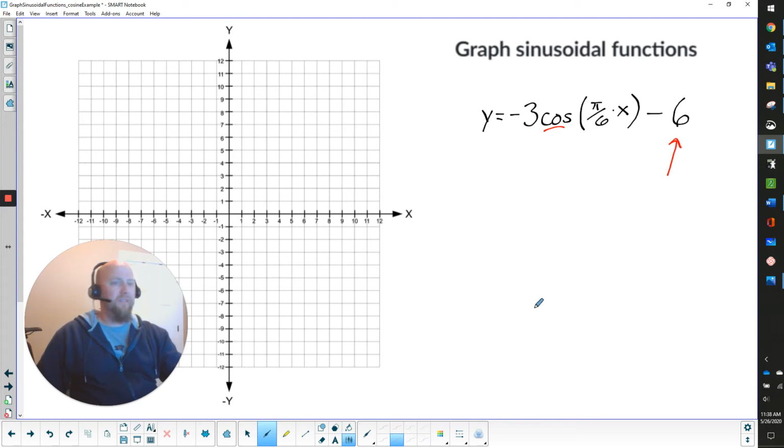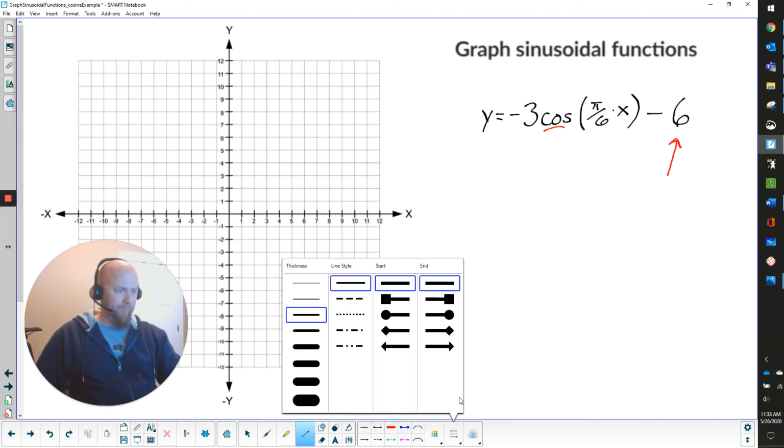If I do this on paper, I just take my pencil lightly and draw a midline, maybe a dotted line.